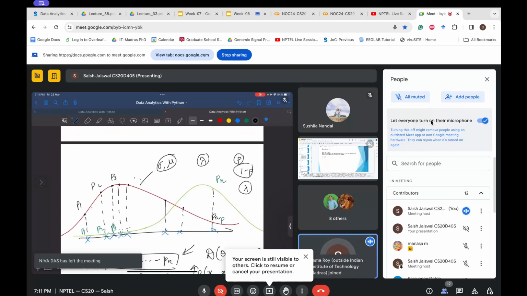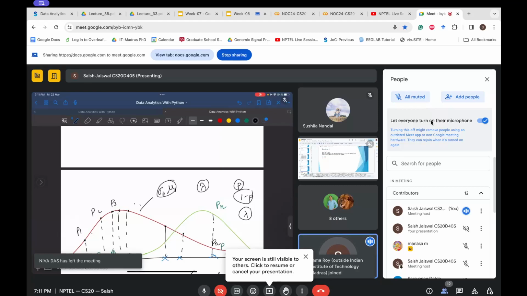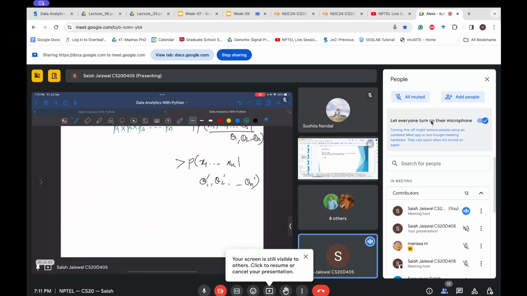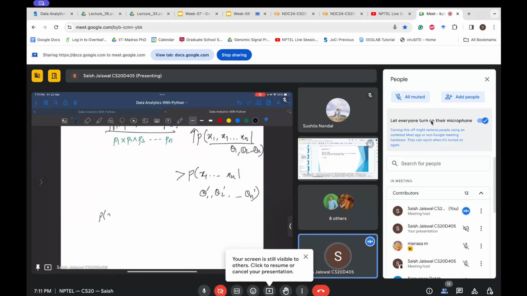So in this case, the parameters of this red distribution were mu 1, sigma 1, and for the green one mu 2, sigma 2. So probability of x1, x2 up to xn is also called joint probability or joint likelihood. Likelihood is the correct term, not the probability.